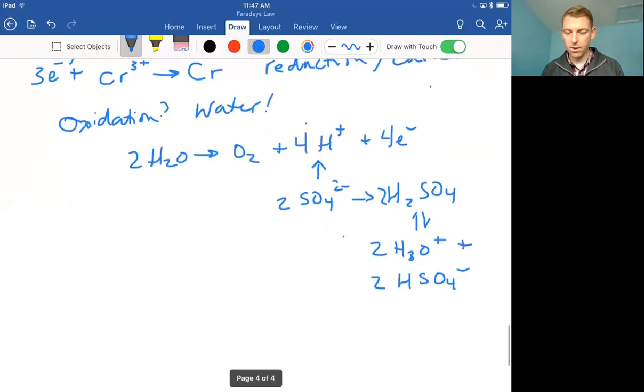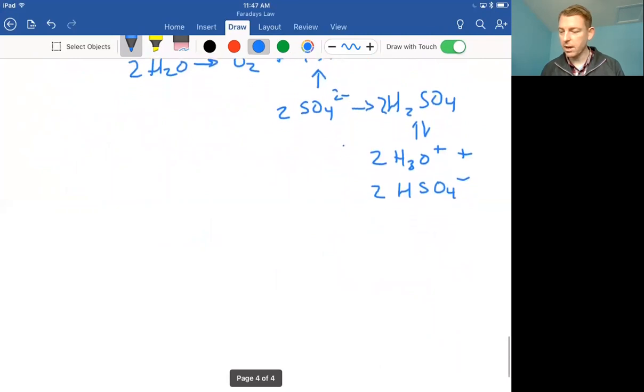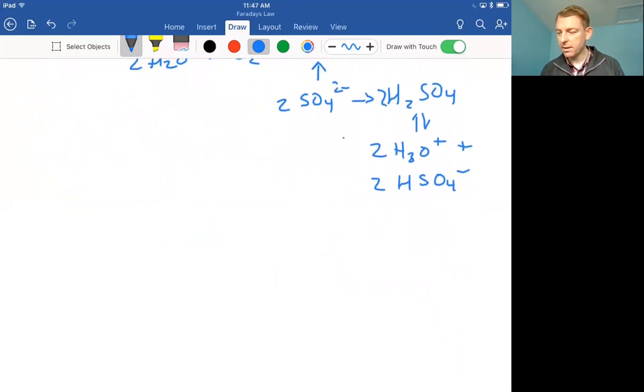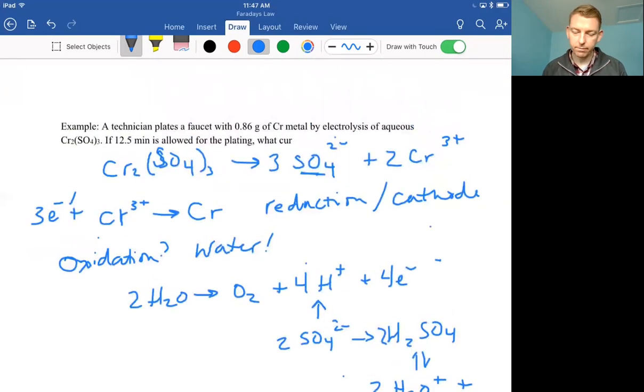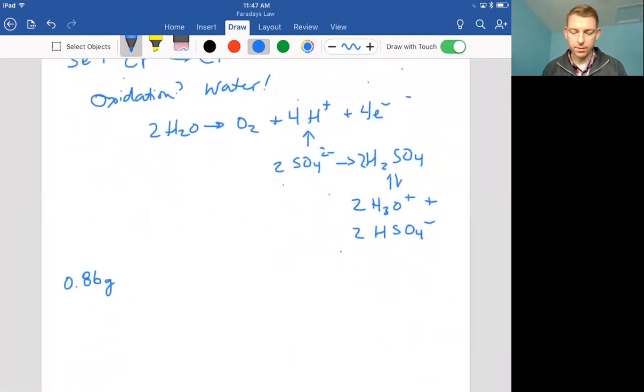Okay, so all that to say, what do we want to do with this chromium? So we want to plate 0.86 grams. This is from the question, 0.86 grams of chromium. Let's convert that into moles so that we can actually work with our equations.